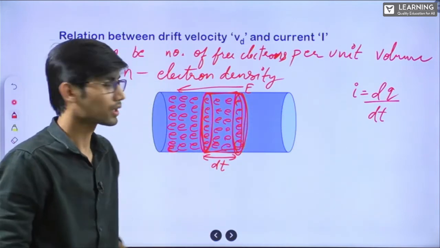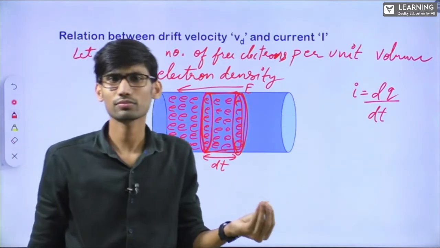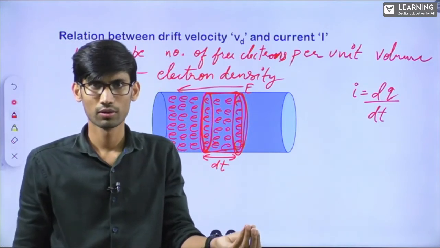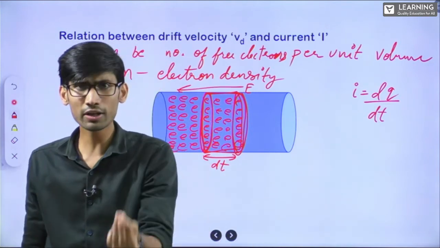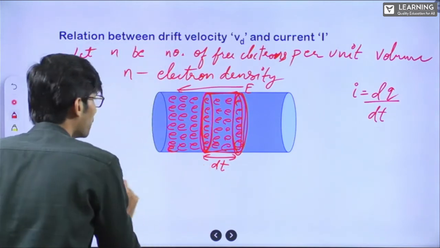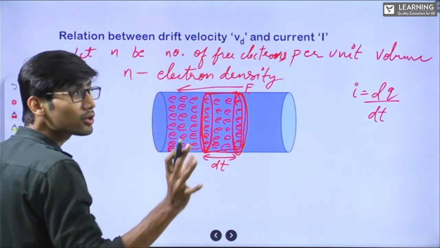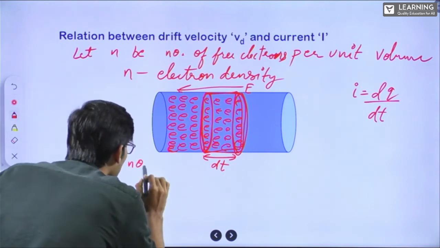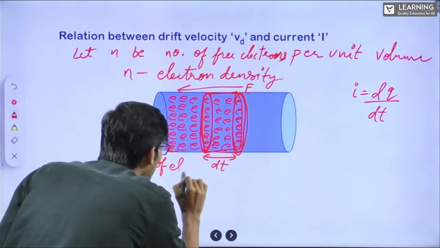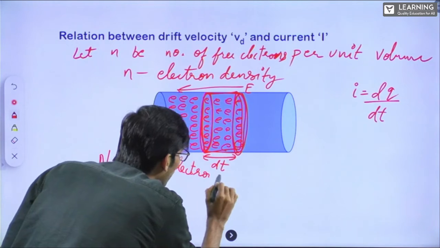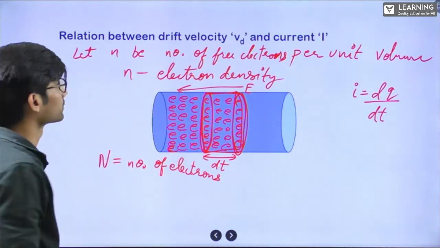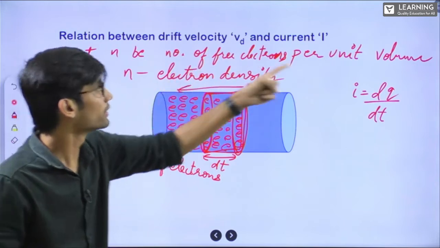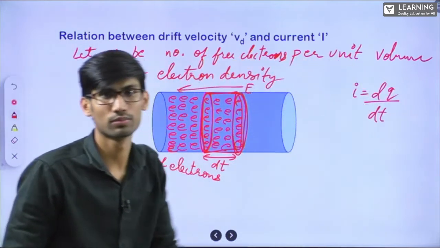Okay. Charge is number of electrons into e. What is charge? Number of electrons into charge in 1 electron, simple. So now I need to find the number of electrons, N. We know that this will always be given, that is electron density, number of electrons per unit volume.